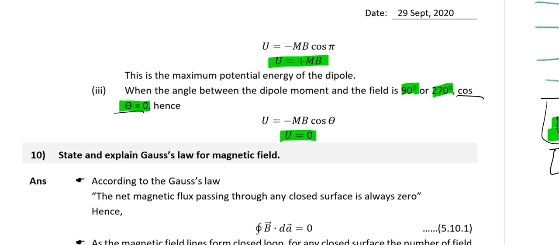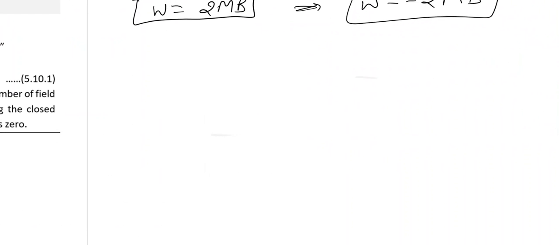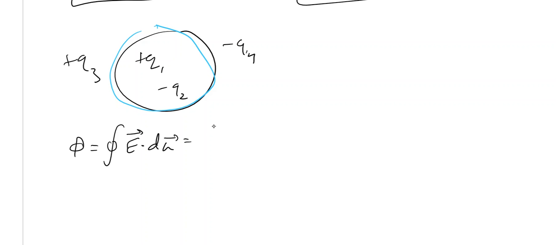Let us move to the next topic today, that is Gauss's law for magnetic field. Earlier in electrostatics, we had a topic of electric flux where we said that if you have some charges, say Q1, Q2, Q3, Q4, and if this is the closed surface, the flux linked with any closed surface can be given by closed integration E dot dA, which is equal to sigma q by epsilon 0.